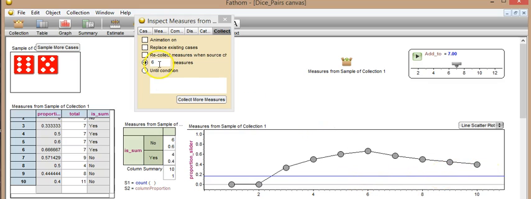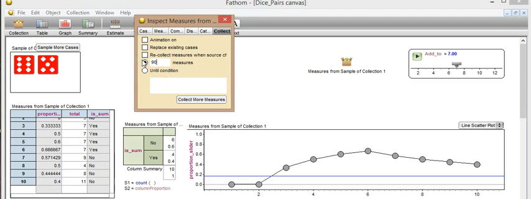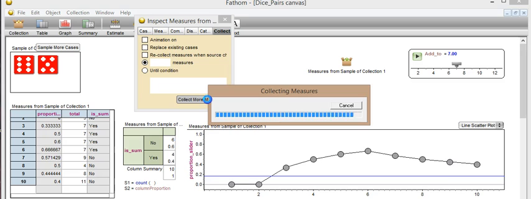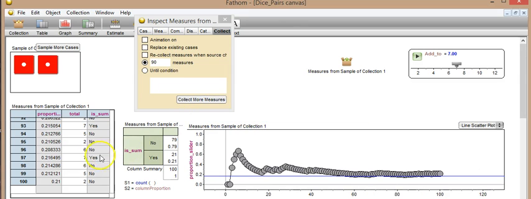Right. Well, let's go ahead and add another 90. So let's do 100 rolls altogether. And you can see the way this is set up. This first column right here gives me my proportion after that many rolls. So after 100 rolls, my proportion is 21%.